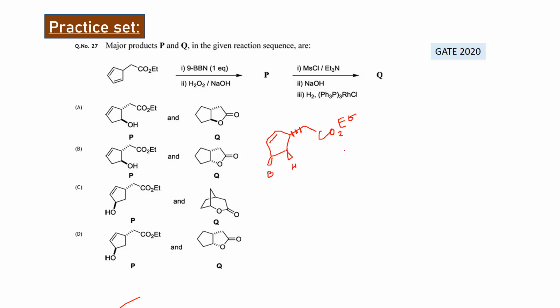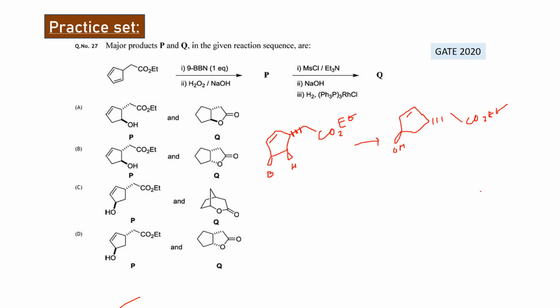After that, if we add H2O2, NaOH, the carbon-boron bond will be substituted by a carbon-oxygen bond and form this as our product P. So these two options are already cut, so the correct option will be between C or D.